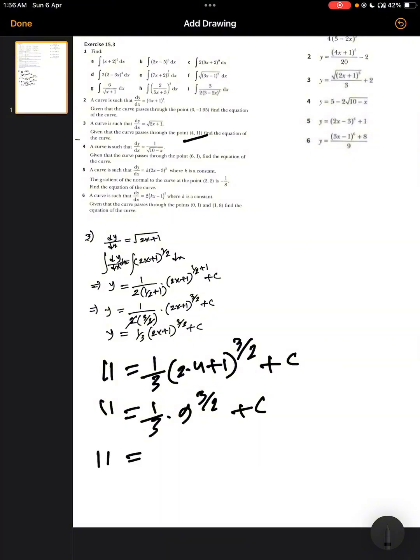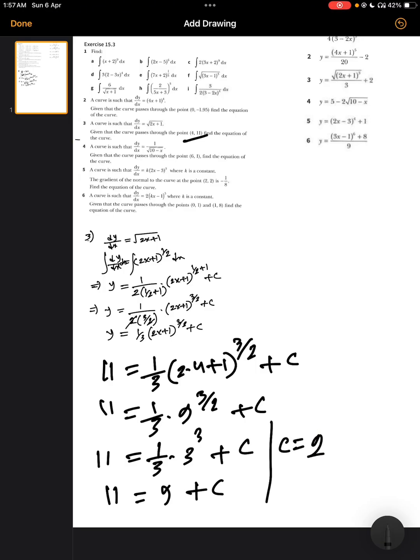Now 9 to the power 1 by 2 is a square root, so 3 to the power 3 here, plus c. So 3 to the power 3 is 27, right? And here is 3, so 9 plus 2 is 11. So our c value is 2 here.